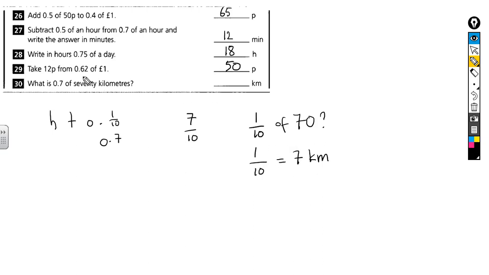I want to know what 7/10 is, so I have to multiply 7 times 7, which gives me 49 kilometers. Then I can just fill that in here, 49 kilometers.